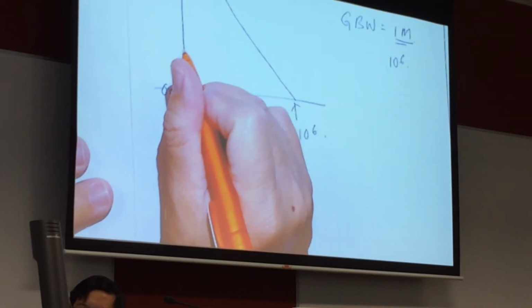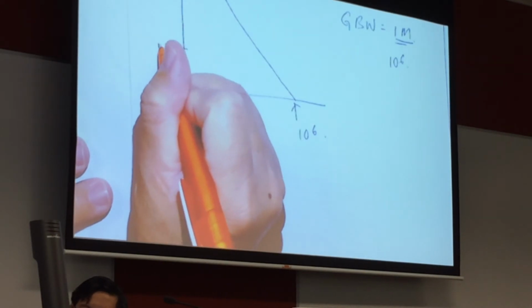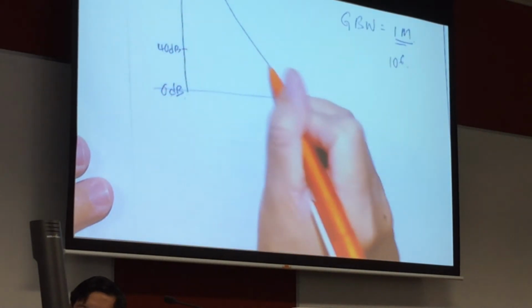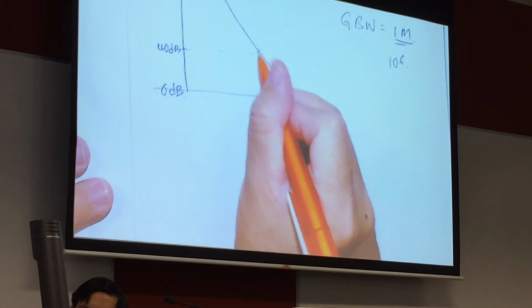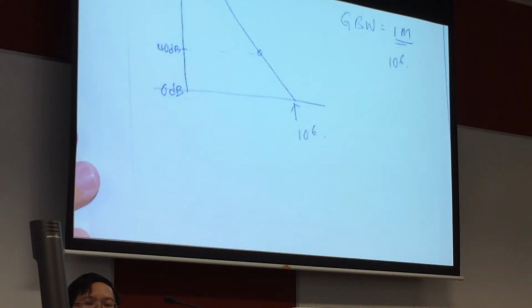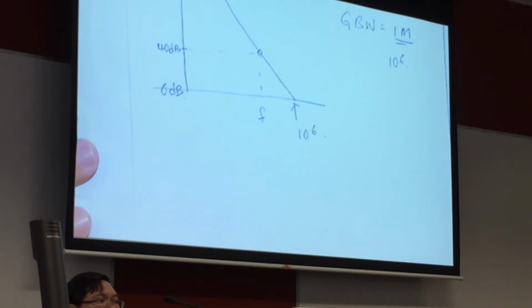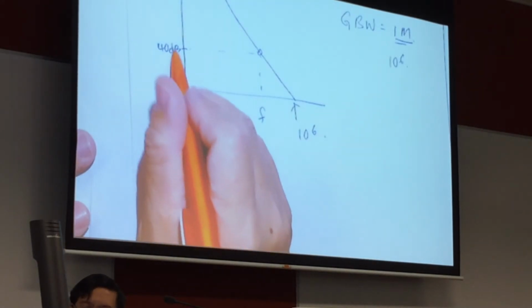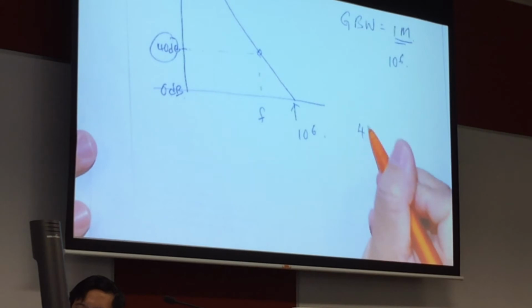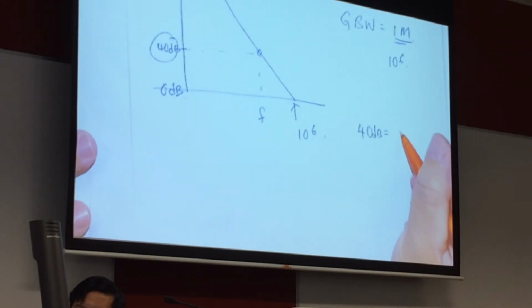And let's say this is 40 dB. Can you tell me what is this point here? If you draw it down, what is this frequency? The answer will be: 40 dB is equal to 10 to the power 40 divided by 20, right?